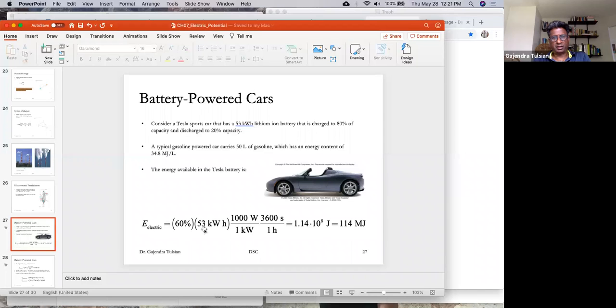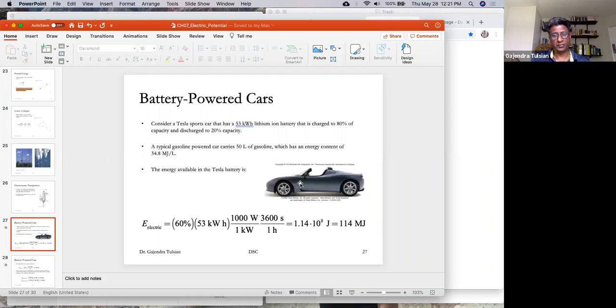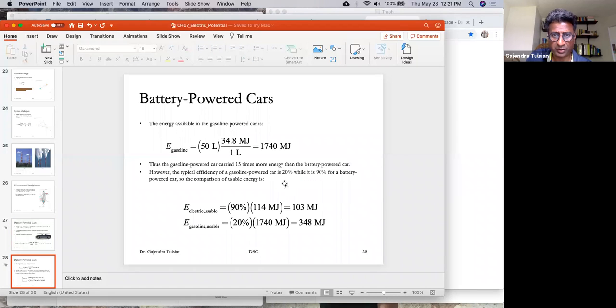For the electric car, if you use a little over half the power stored in the battery, you've used up 115 megajoules of energy. And here it's 1700 megajoules. So that's a factor of 15. So what gives? Okay. Nowadays, Teslas have a similar range to the gasoline powered car.